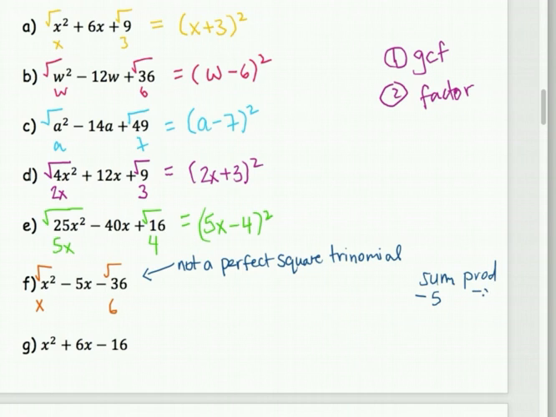From there, hopefully you realize that 4 and 9 will work here. Out of 4 and 9, 9's bigger, so I'm going to make that negative, so I can add to make negative 5. But when I multiply these, I get negative 36. And because I know it's a simple trinomial here, a equals 1, I know I can just jump right to the factored answers.